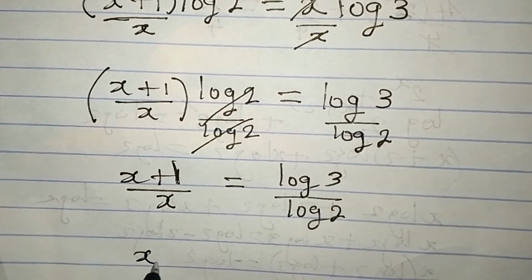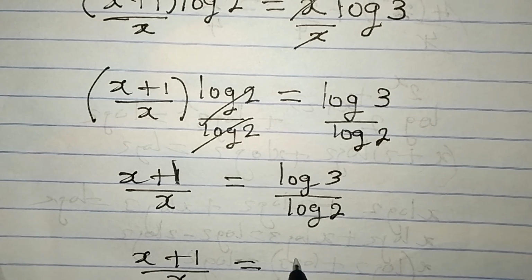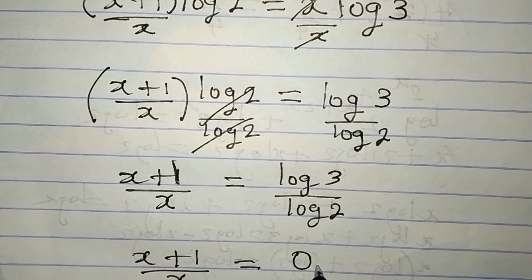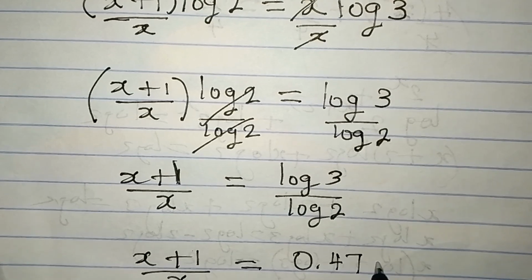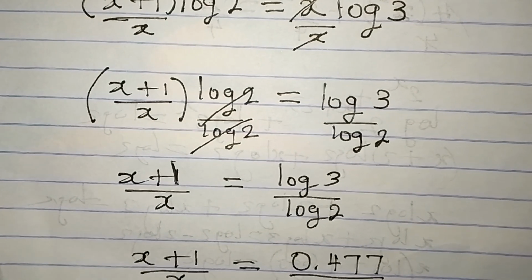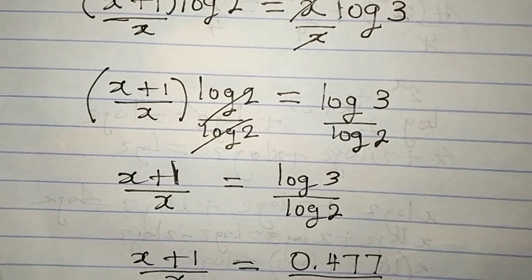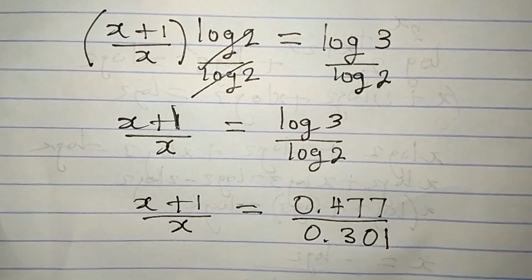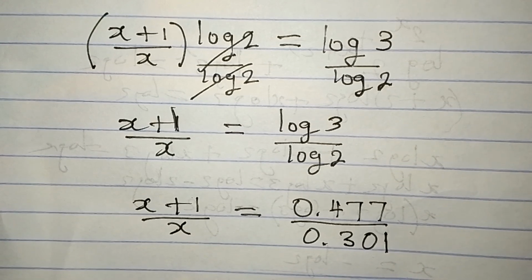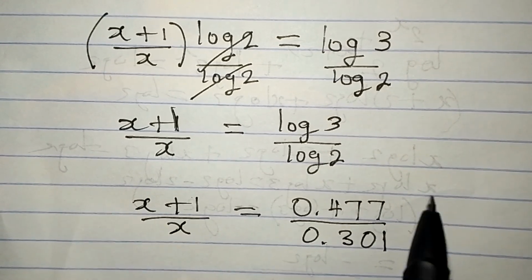Now we have x plus 1 over x being equal to log 3, which is the same thing as 0.477 approximately, and log 2 is 0.301 approximately. So from here we can divide this, by the way, or we cross multiply, but let's divide this.